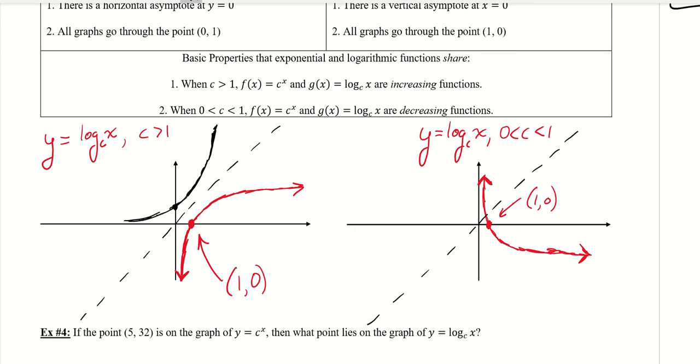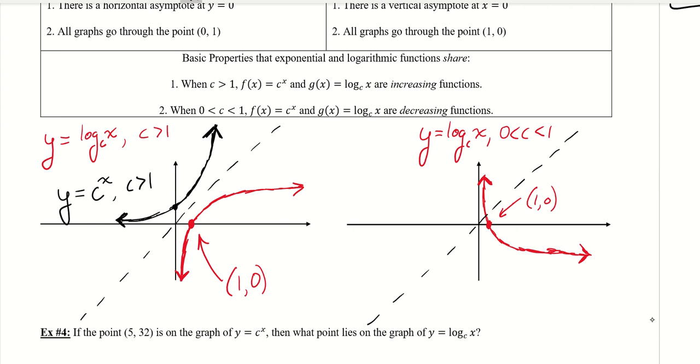This would be the inverse of this particular logarithmic function. So for y equals log base c of x in red, here in black, we would have y equals c to the power x, c being greater than 1. So we have this inverse relationship. This red curve is an identical curve to this exponential curve. It's just that it has been reflected about this line y equals x.